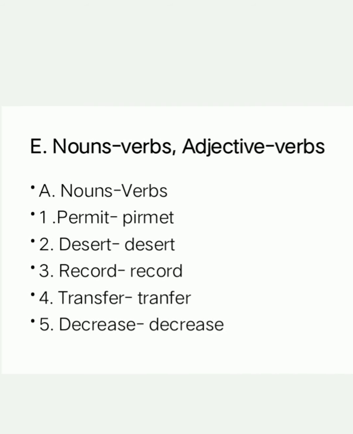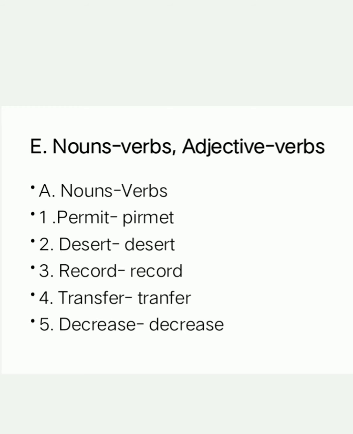And the last is noun, adjective, and verb. Ito naman yung pangngalan, pandiwa at pang-uri. Some words may be used as nouns or verbs. Nouns carry the primary stress on the first syllable, while verbs carry the primary stress on the last syllable, and the adjectives carry the primary stress on the first or second syllable.